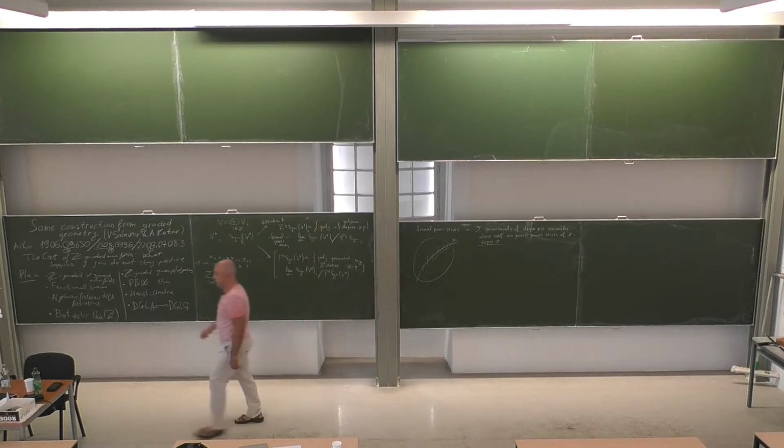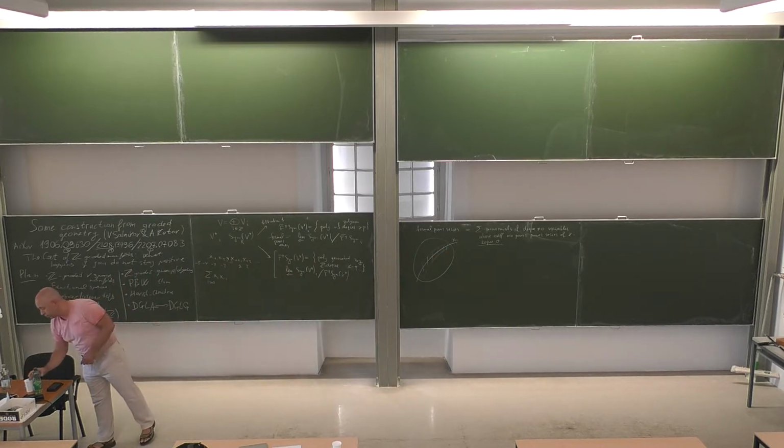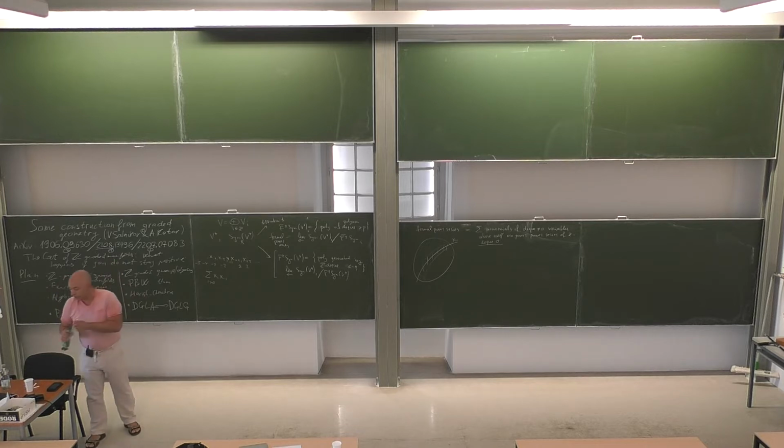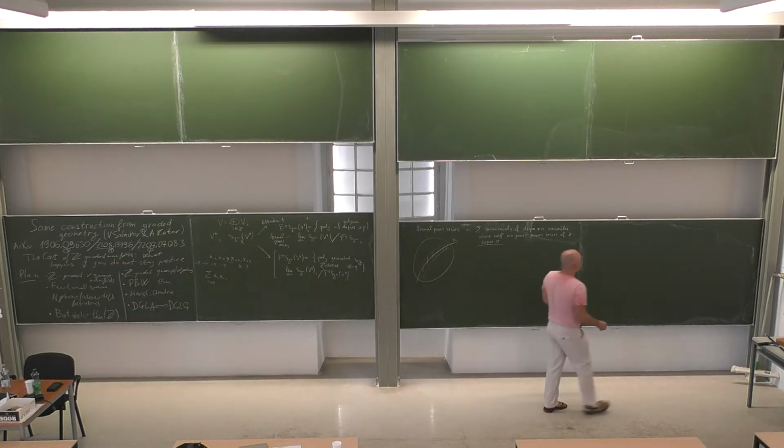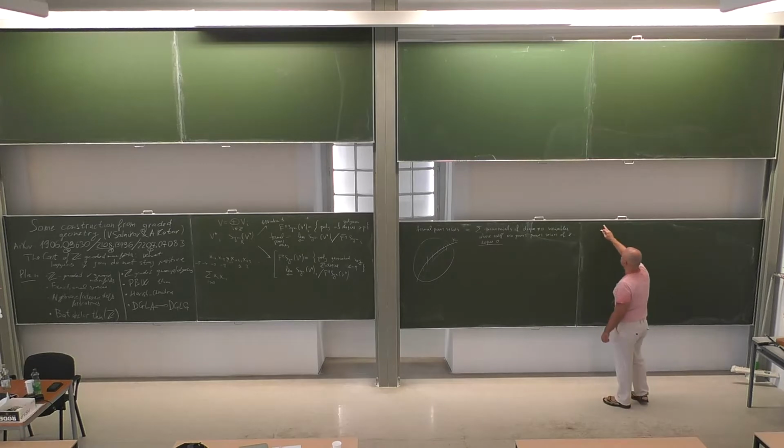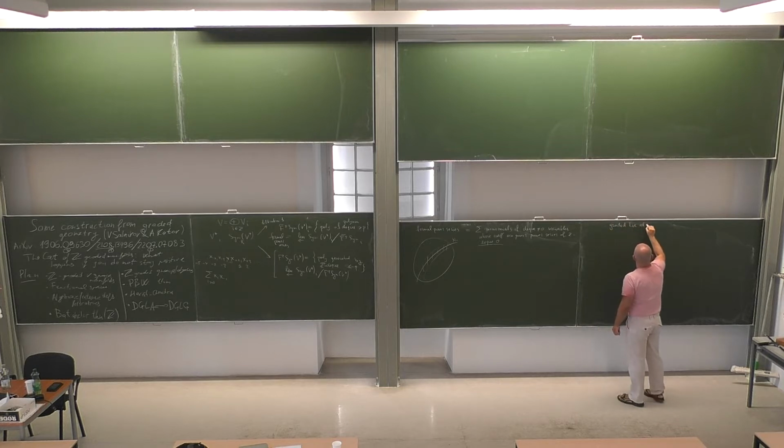Okay, these are two remarks about the previous talk. And now let me start with another part. So the preliminary plan is the following. This part will be devoted to graded Lie algebras and graded Lie groups.